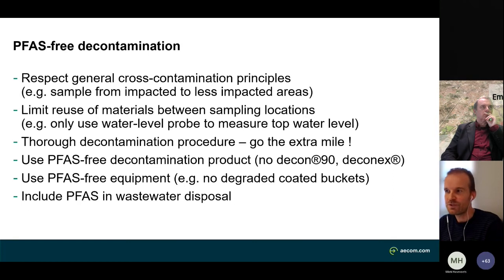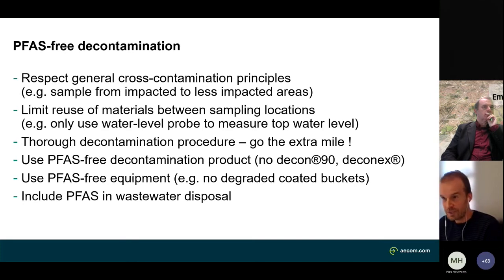For the whole decontamination procedure, our advice is to go the extra mile. Do it very thoroughly, because the risks are there. Use PFAS-free decontamination products, because data showed that products like Deconex and Decon 90 do contain traces of PFAS. And we internally have a strict selection of products that we take on site to do our decontamination of our equipment.